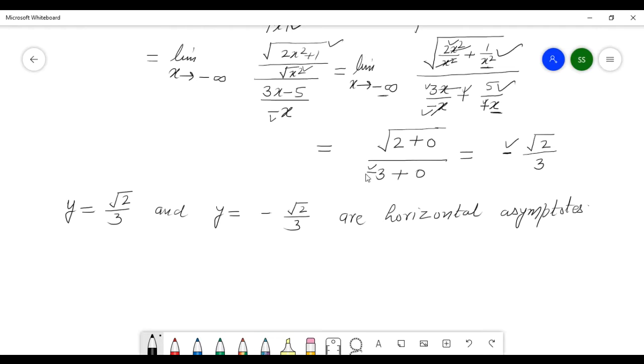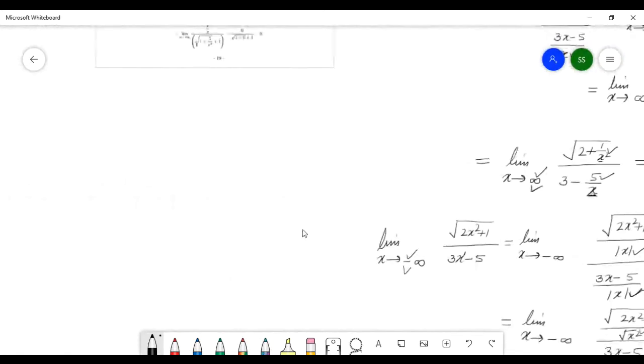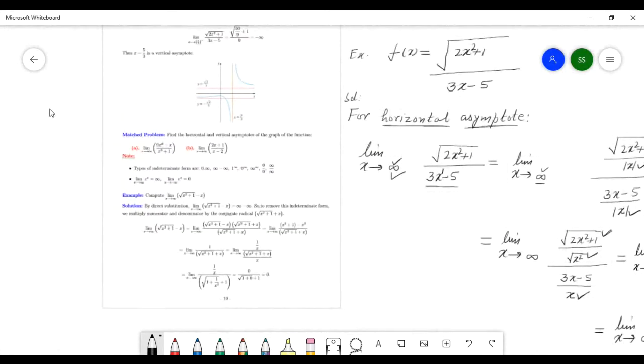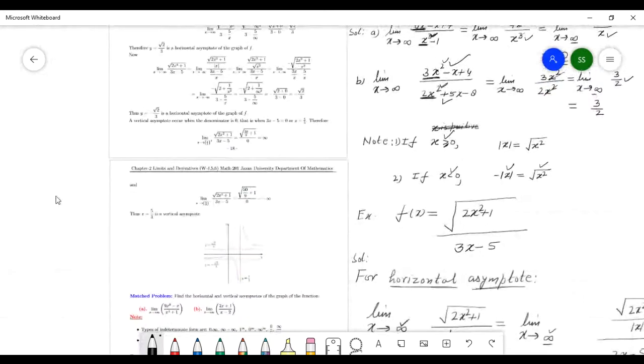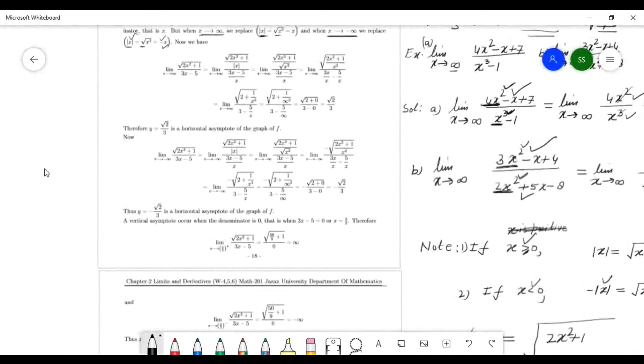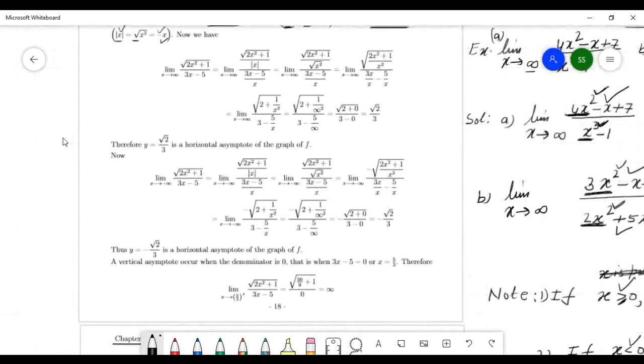These are the horizontal asymptotes: this horizontal asymptote and this horizontal asymptote.